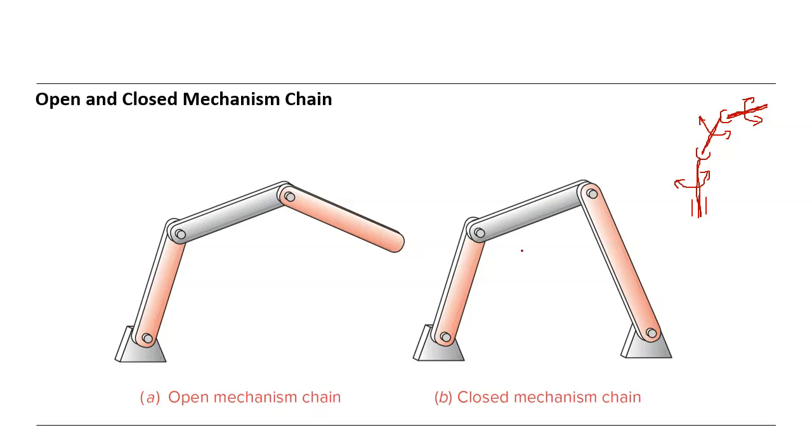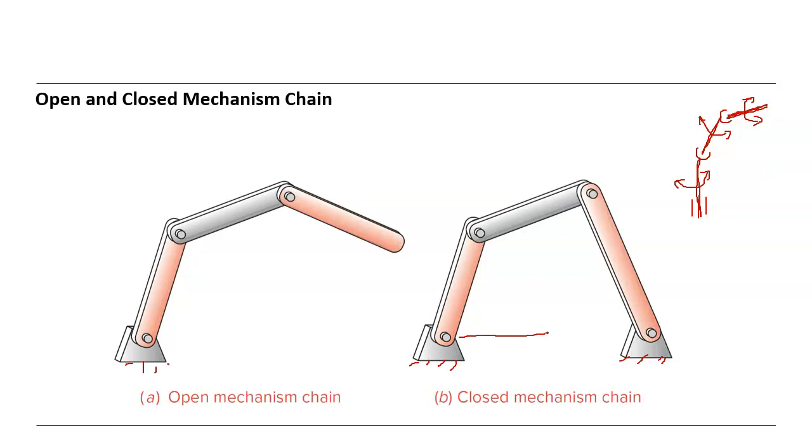But this is not an open one. This is closed. Because we already learned that this part is the grounded joint, this grounded joint here. This is also a grounded joint, and it is closed, as you see here. Member one, we don't draw it.